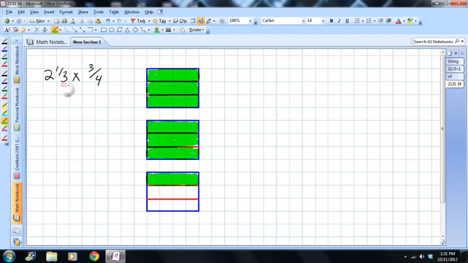Now if we look at the 3/4, that denominator is a 4. So I need to separate each of those rectangles going from left to right into 4 equal parts. Let's make my line a little bit darker.